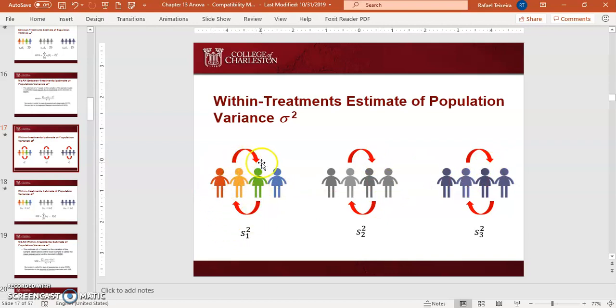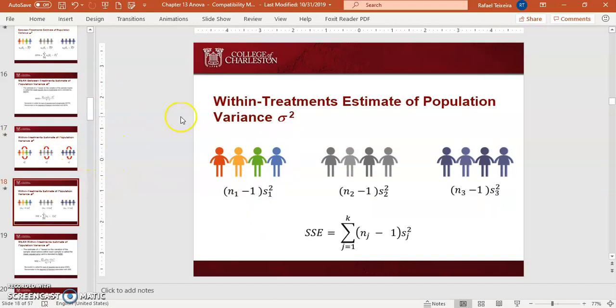So what we're doing with the within treatment variance is measuring how much people in the same group vary among themselves. I have to know how much they vary to be able to compare with how much the groups vary. To estimate this within treatment variance, I use this formula: the sample size of the first group minus 1, multiplied by the variance.